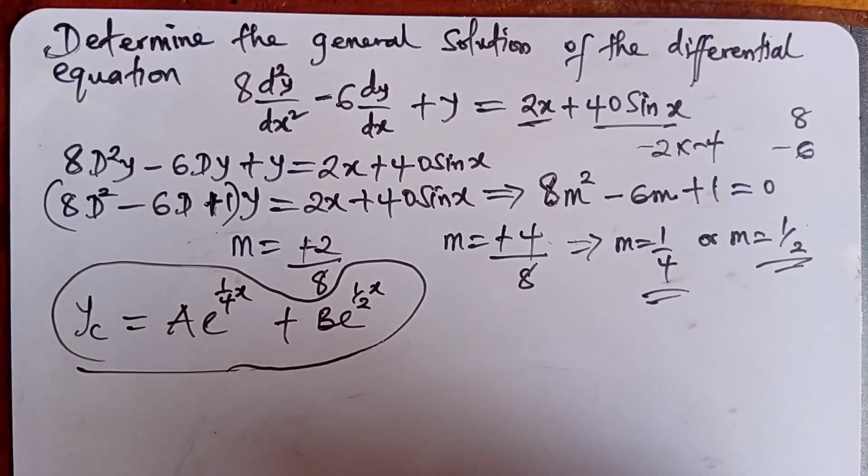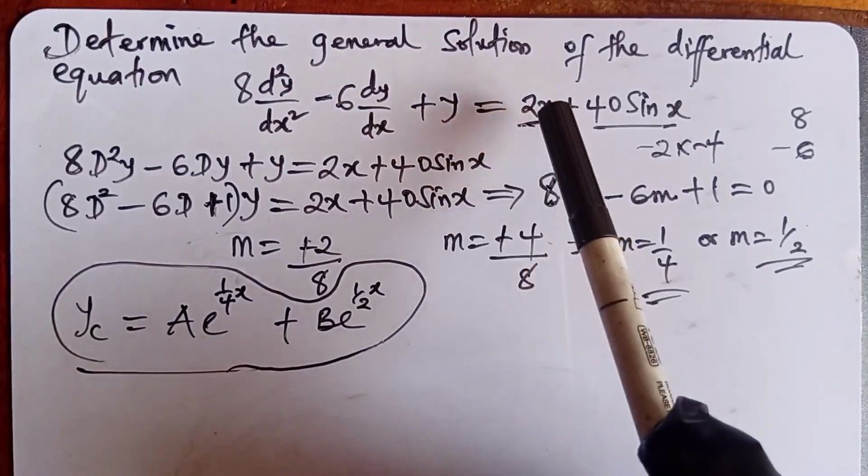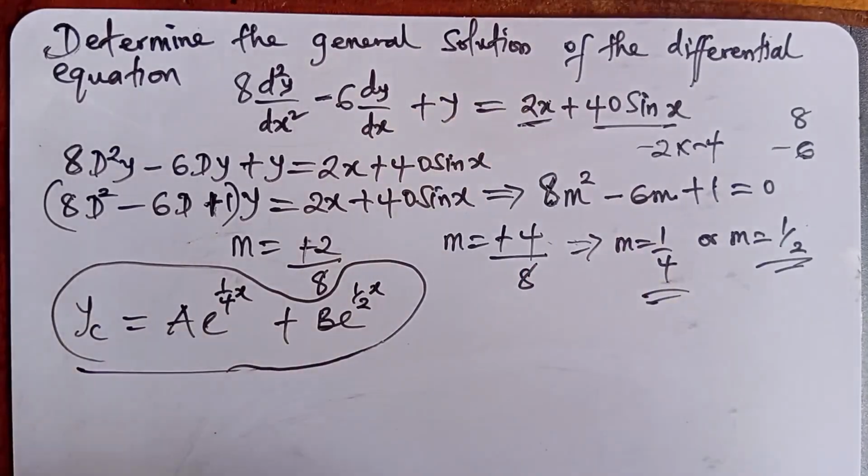If you follow the principle I gave at the beginning of the video, if we have a polynomial like x of degree 1, we assign a polynomial also of degree 1. You get it?